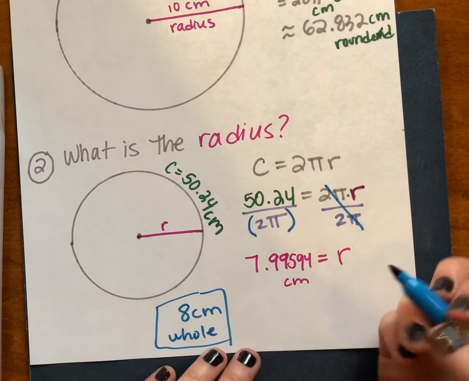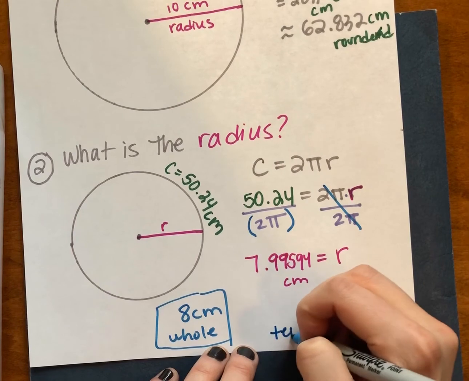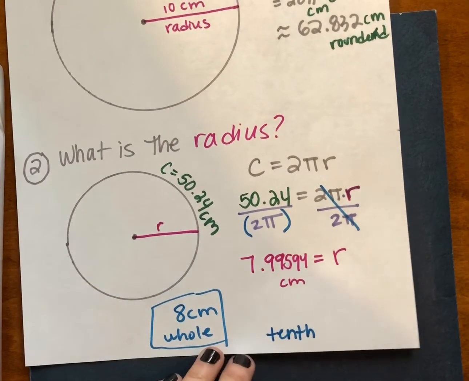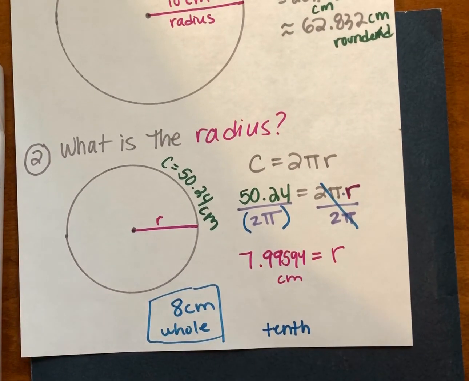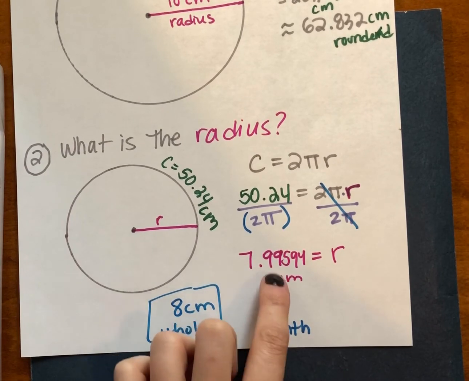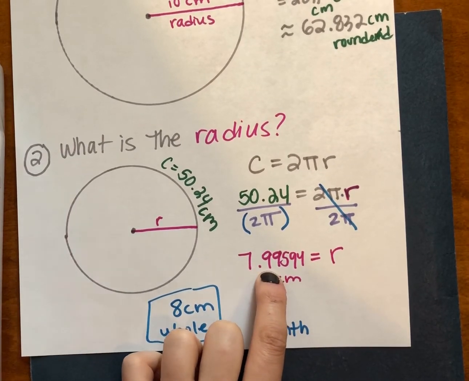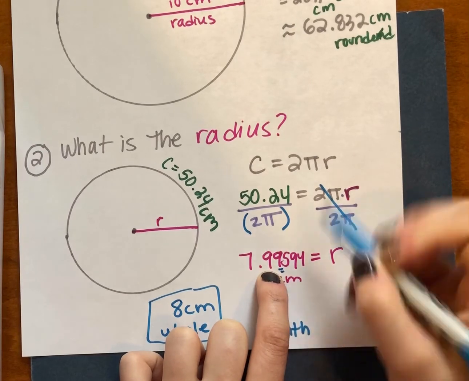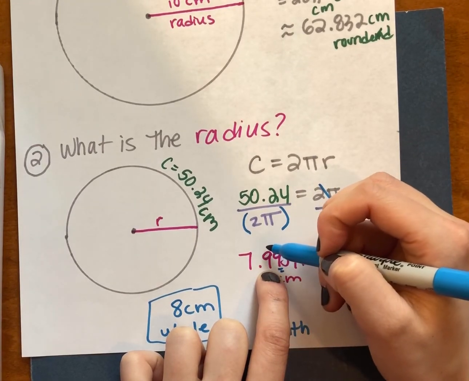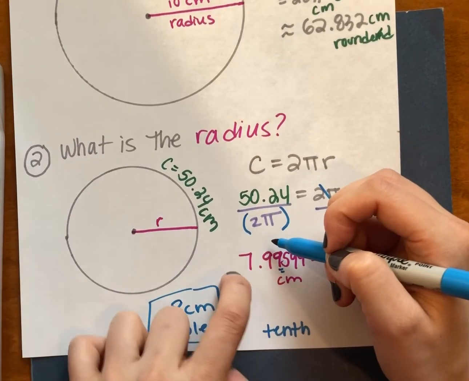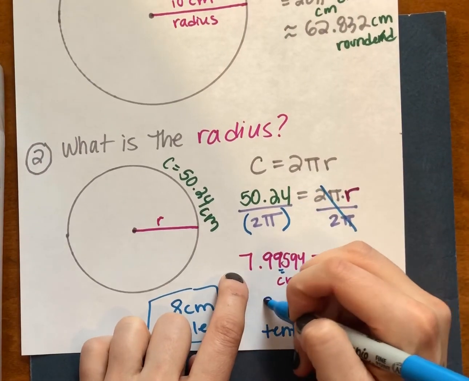So maybe they asked us to round it to the nearest 10th, because sometimes they do that. So here's how I would round it to the nearest 10th. Okay, I'd locate the tenths, and then I would round up, because this number after it's a 9, so I would round up to 10 tenths, which would actually carry me over again to an 8 here.